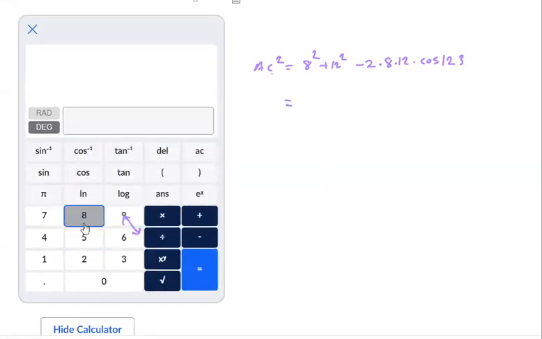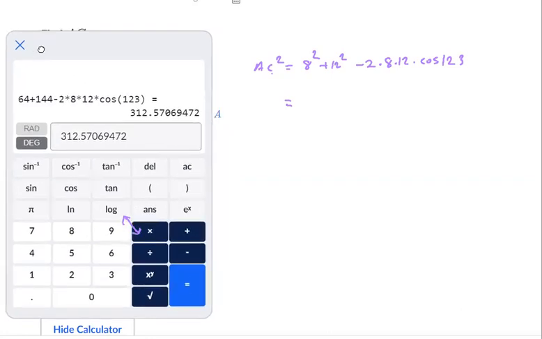So 8 squared is 64, plus 12 squared is 144, minus 2 times 8 times 12 times cosine 123. Let's close the parentheses.